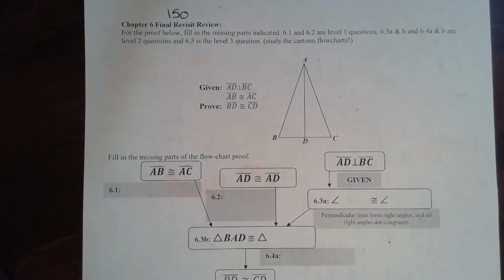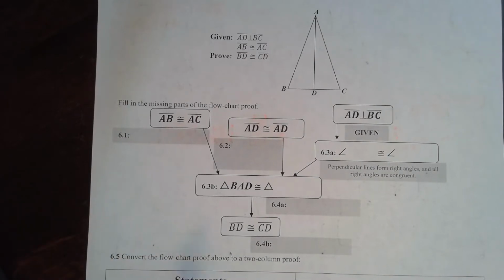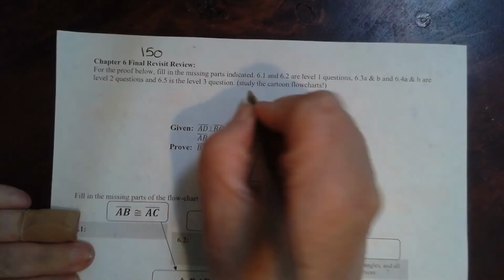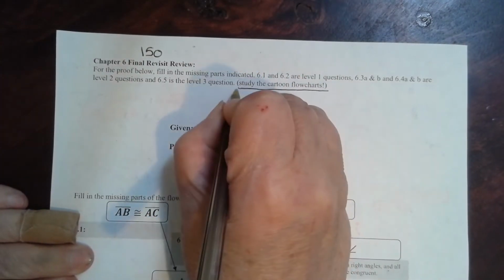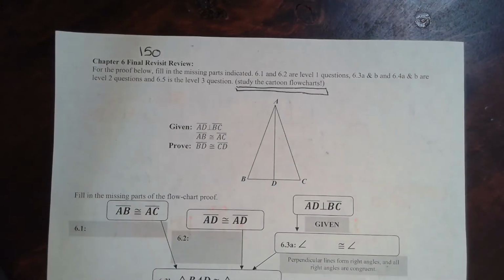But I wanted to talk about this one because we are going to be having a chapter test on chapter 6, which is when we were proving that triangles are congruent. Now, you had an assignment that included 4 flowchart proofs made out of cartoons.